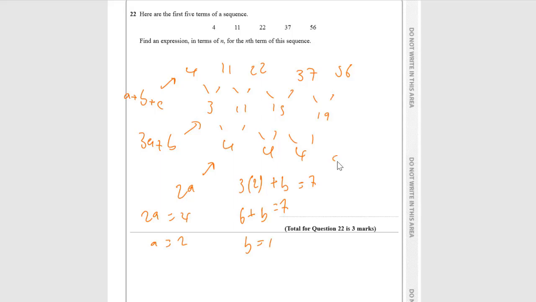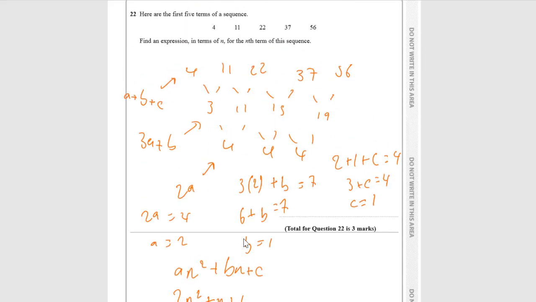And then we have 2 plus 1 plus c equals 4. So that would mean 3 plus c equals 4, so c equals 1. Remember our general expression looks like this, so we're going to have 2n squared plus n plus 1.